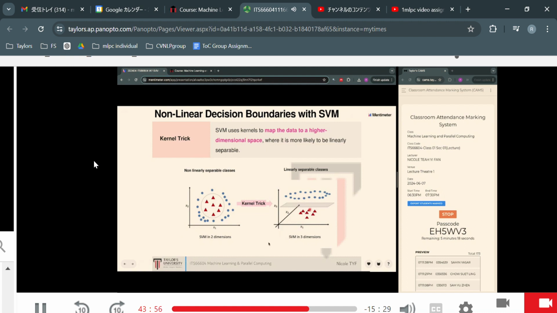So once we raise a certain class of these instances into a higher dimension, we can then create a linear line that separates between the two classes. Okay. So you get the point of how smart this SVM is, and how smart are the scientists who came out with this idea, right?